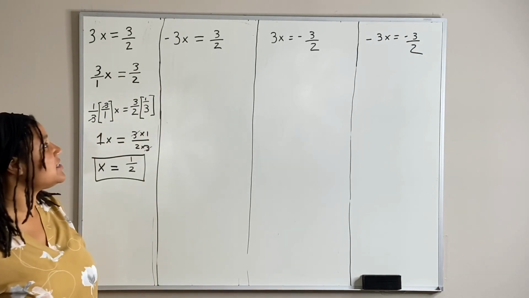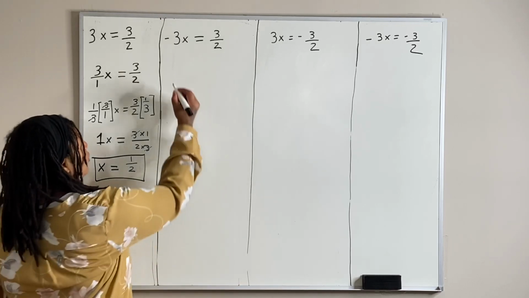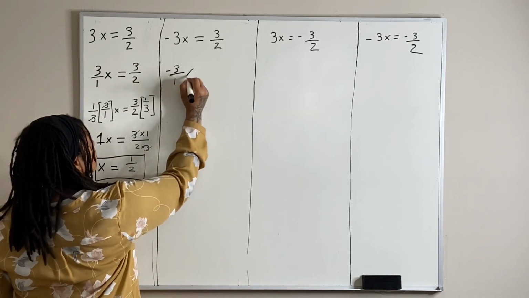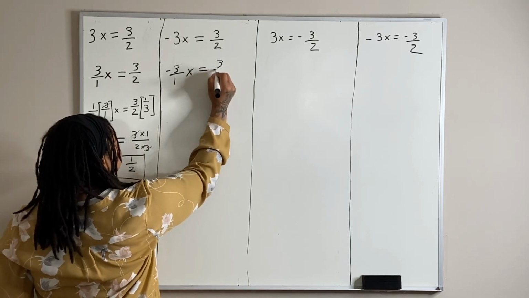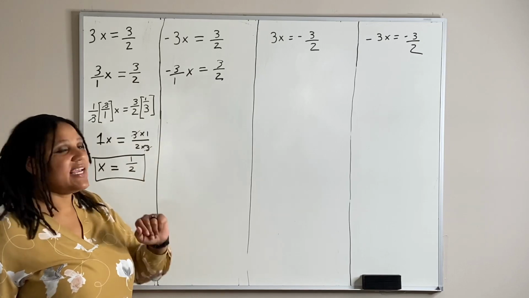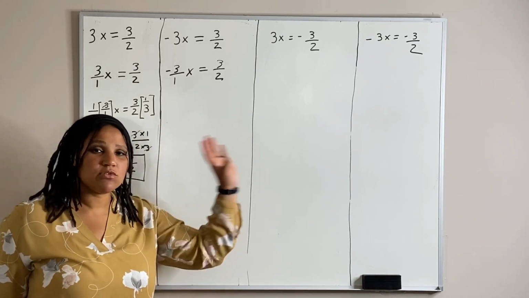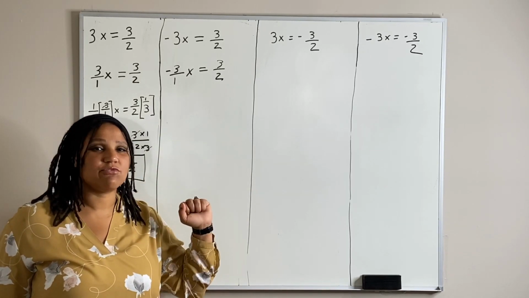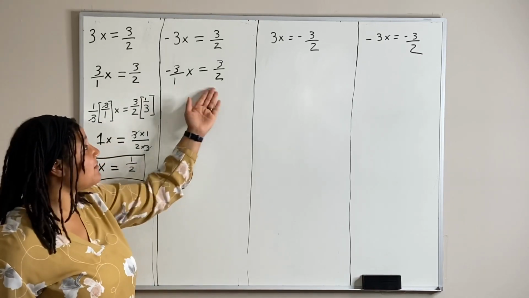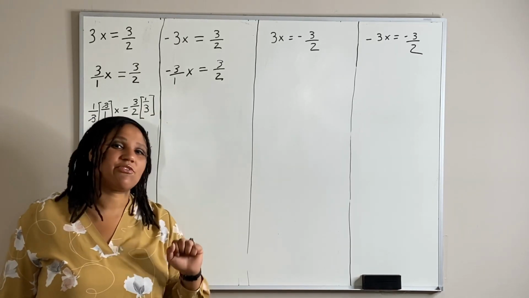Let's look at this situation over here. Again, I'm going to rewrite as 3 over 1x. And to isolate x, I'm going to multiply both sides by the reciprocal. Remember that, yes, could I have just divided both sides by 3? Yes.